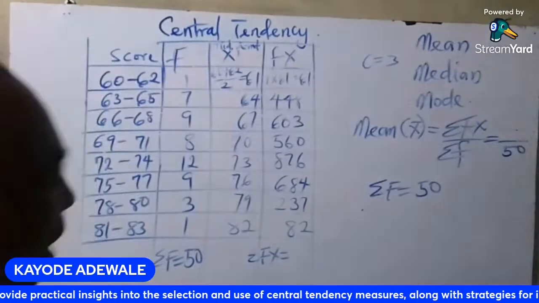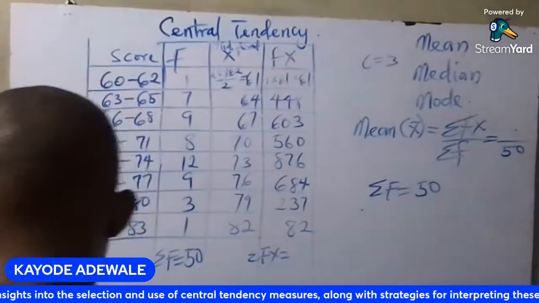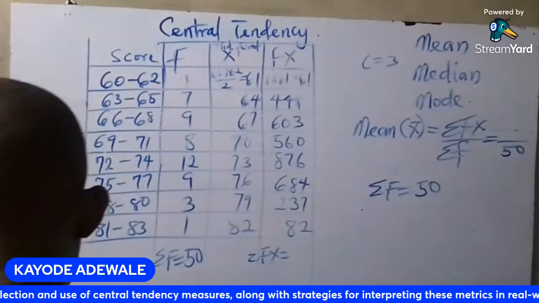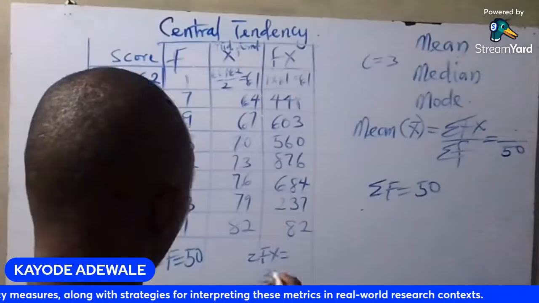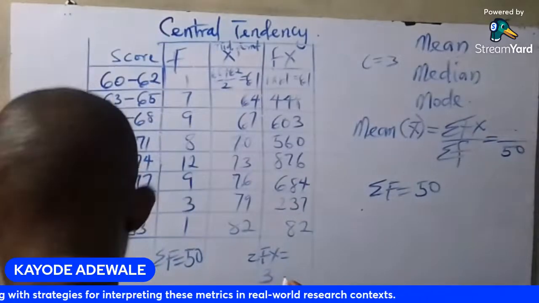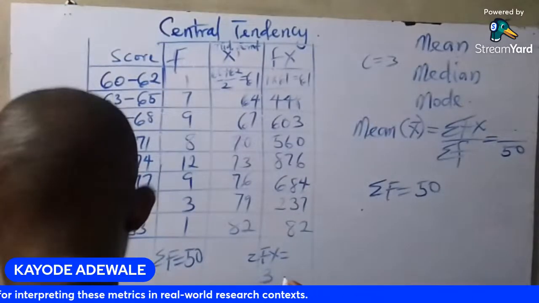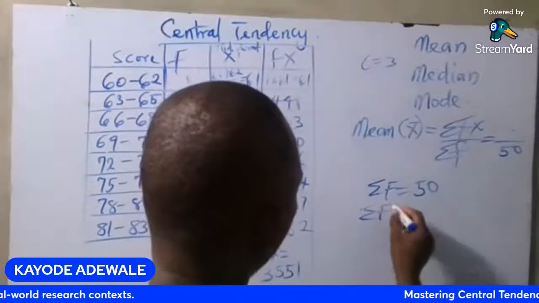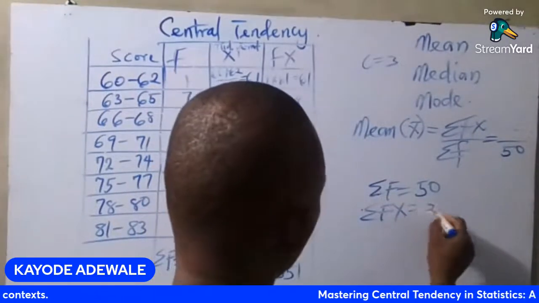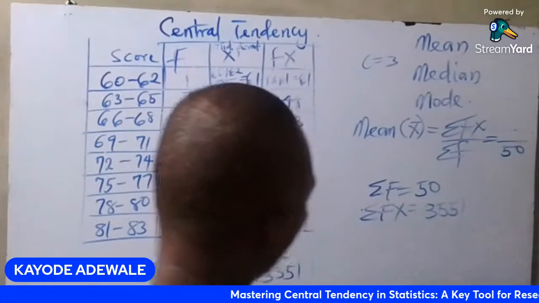So by my own calculation here, if I add everything together, it will give me 3,551. So it means my summation fx is equal to 3,551.